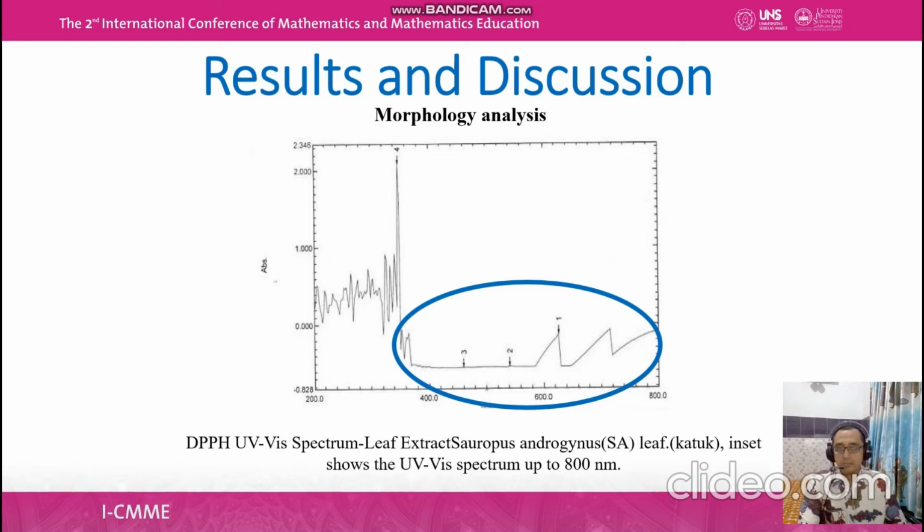The UV-vis spectrum of the DPPH Katuk leaf extract shows the absorption of antioxidant, the reactive oxidant, along a broad spectrum from 370 to 800 nanometer. This indicated that the compounds in the extract absorb, which is active, reactive oxidant.